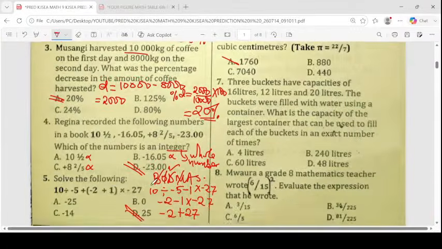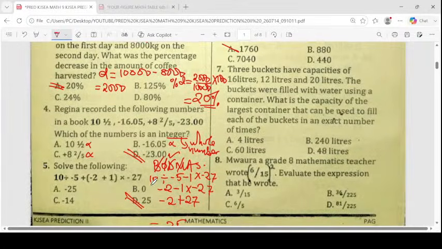Let's look at question number 7. 3 buckets have capacities of 16 liters, 12 liters, and 20 liters. The buckets were filled with water using a container.